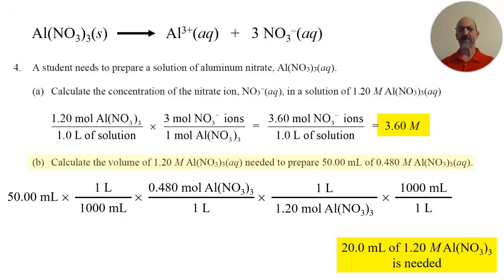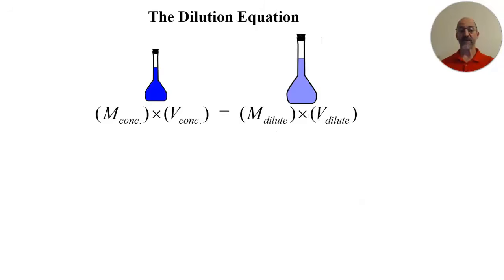Now, if you're thinking, is there an easier way to solve this problem? The answer is yes, but I'll go ahead and teach you that. This is something I had presented in my video for topic 3.7. This is called the dilution equation. In my video for topic 3.7, I have molarity times volume equals molarity times volume.